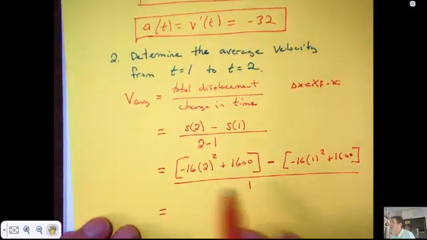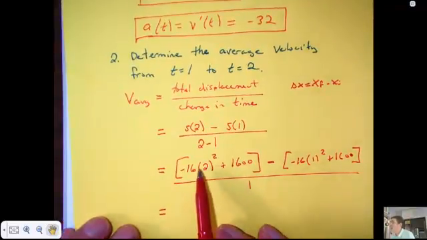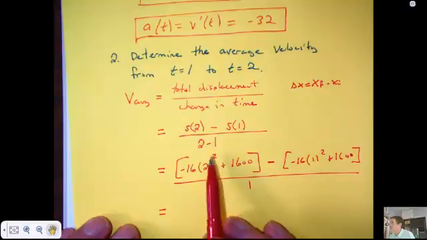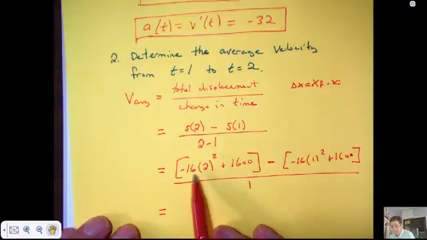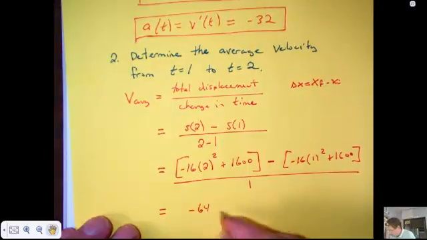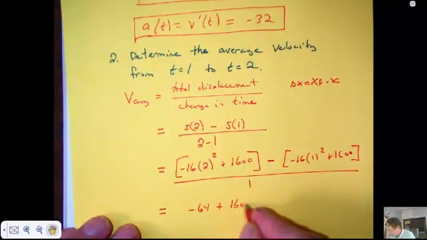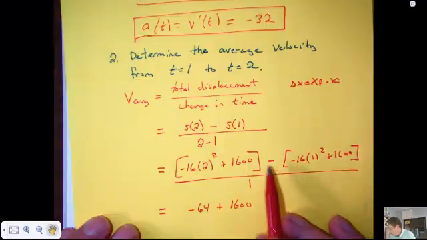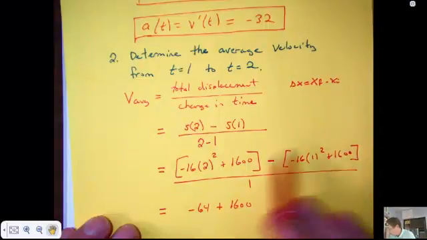Alright, let's see if we can do this. So 2 squared would be 4 times negative 16. So it's going to be negative 64 plus 1600. Now if I distribute this through, what do I get here?